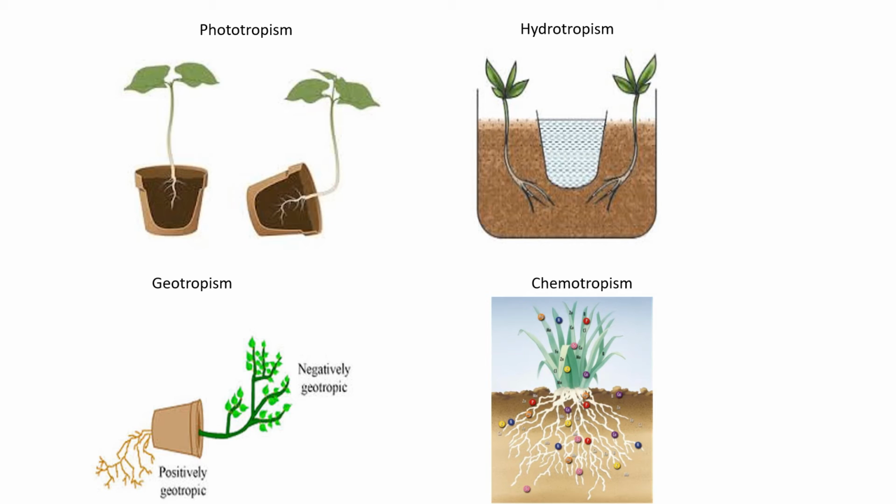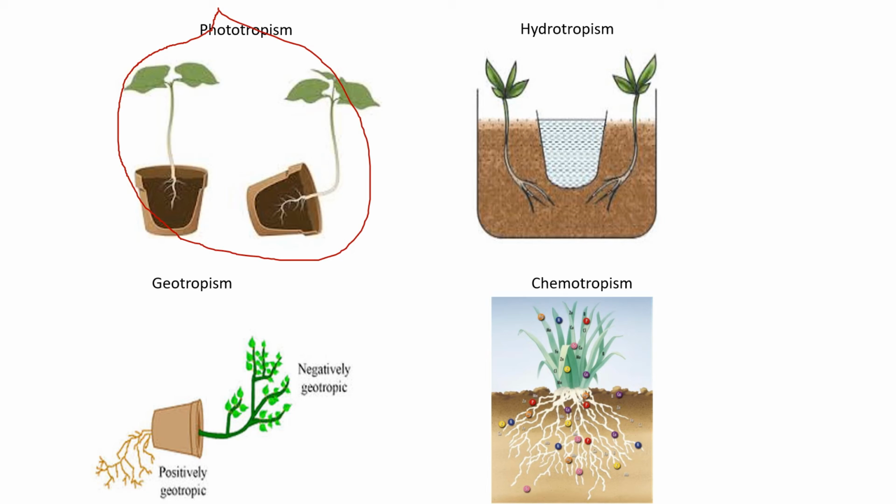So phototropism is, as you can see in the picture here, when the plant grows towards the source of the light, mostly sunshine, or if it's in artificial light.